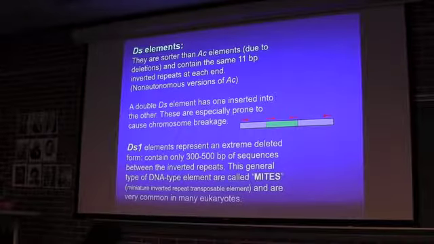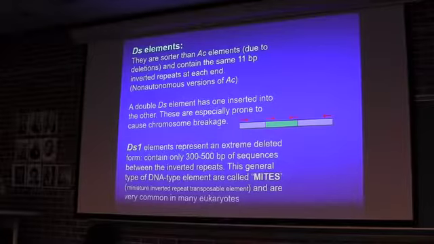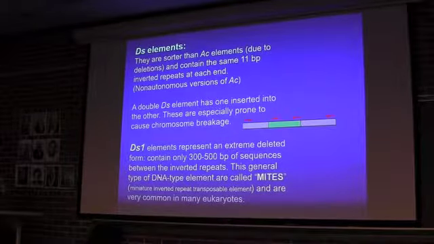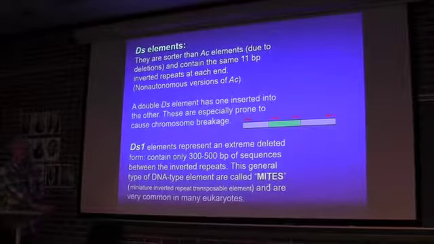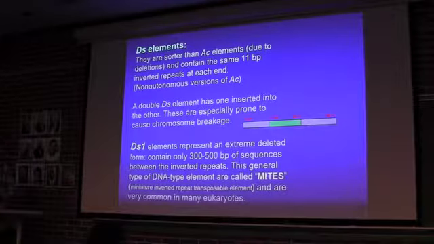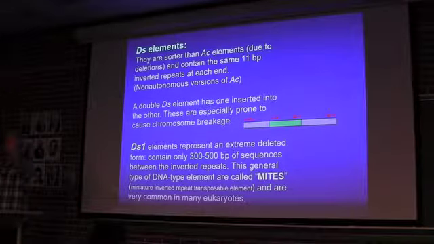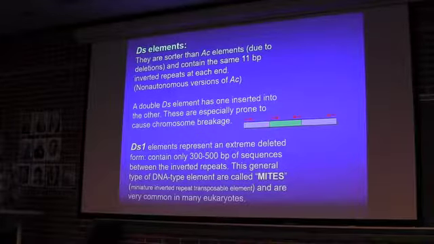DS1 elements, there's a whole family of DS, but 1 represents the extreme deleted form, containing only 300 to 500 base pairs between the inverted repeats. This generally is called a MITE. So any DNA-based transposon where pretty much everything's been deleted in between the inverted repeats, down to 300 to 500 bases, is called a MITE, but it's just a sort of category.